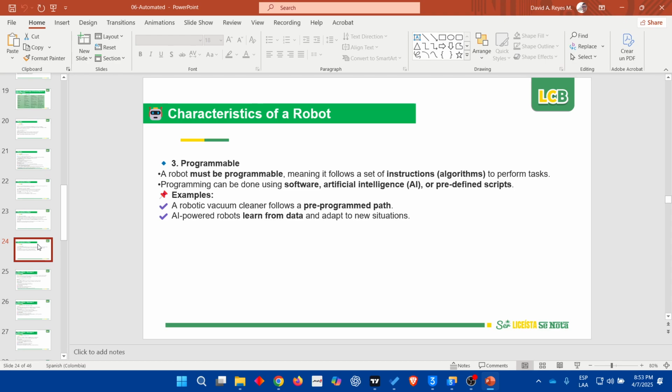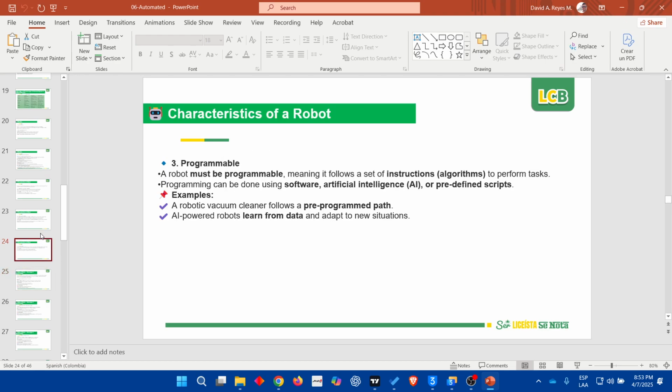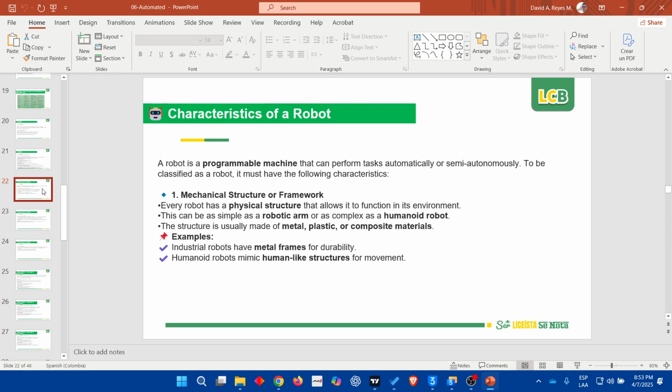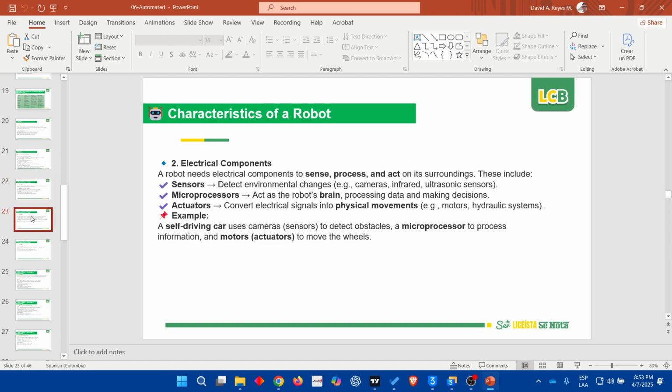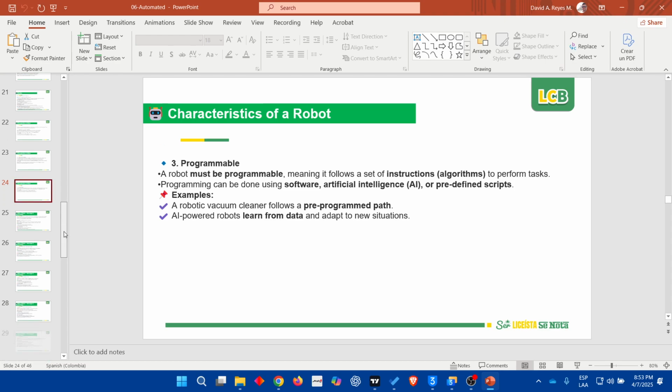The programming can be done using software, artificial intelligence, or predefined scripts. Okay, so if you need to know if a robot is a robot, it needs to have a mechanical structure, electrical components like sensors, microprocessors, and actuators, and must be programmable.